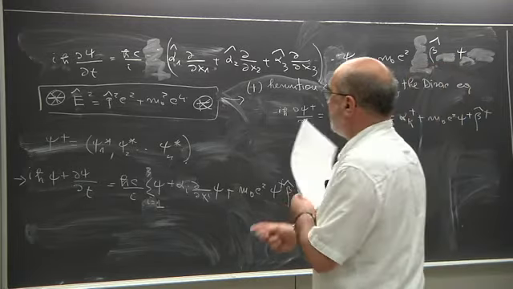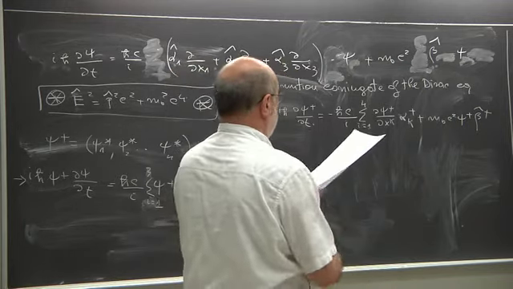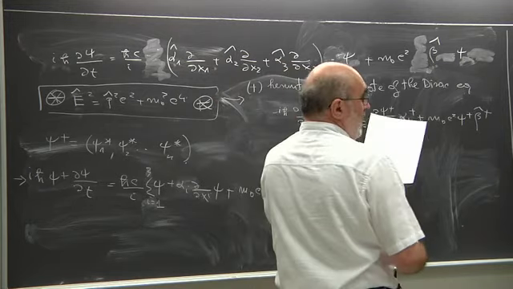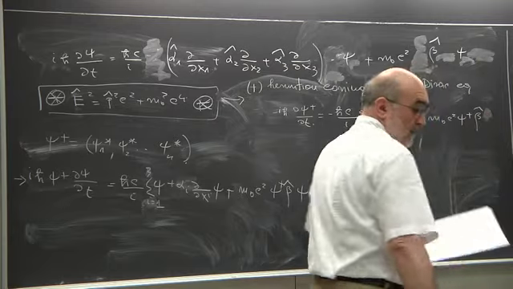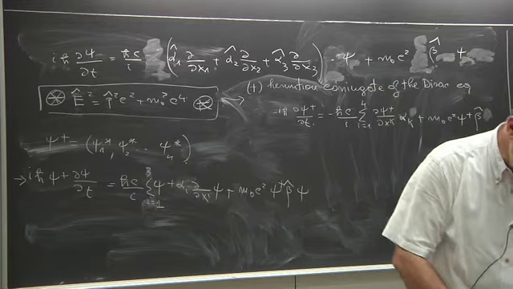When I do the dagger, I have to reverse the order of the matrices and the vector among themselves. Let us remember that alpha and beta are Hermitian, so I can take the daggers away. And now from this equation, let's multiply on the left.